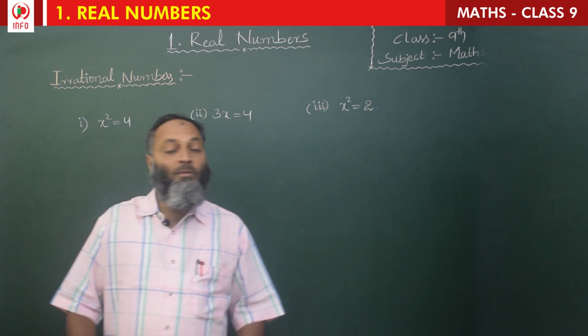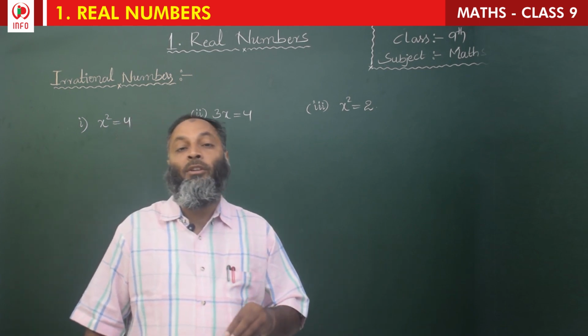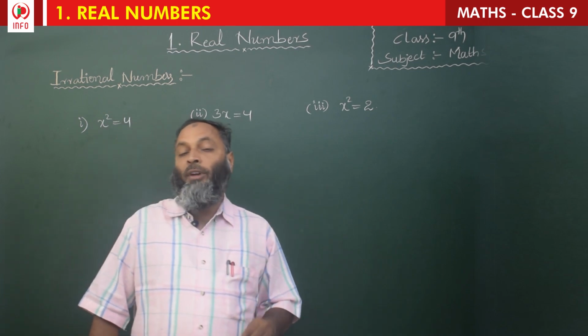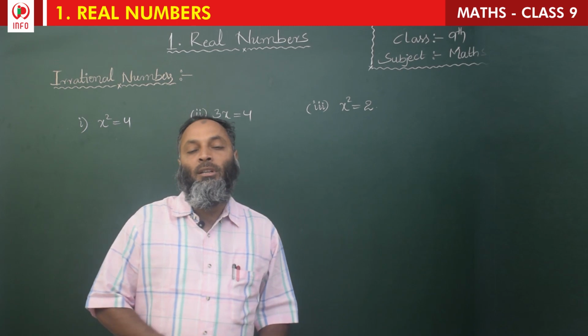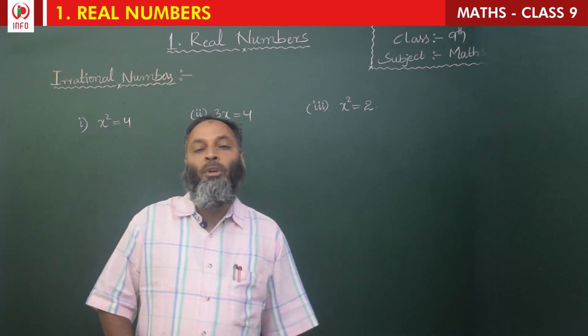And also the numbers which have perfect square root values, perfect cube root values, fourth root, fifth root, sixth root values are all rational numbers. In short, rational numbers are in the form of p by q.